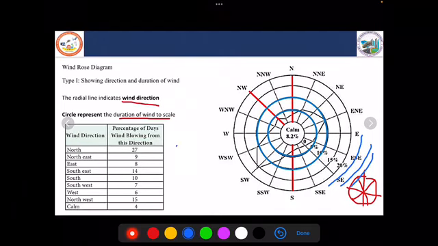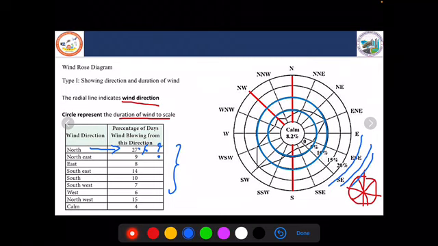This table shows typical wind data. We can see that from the north direction, the total intensity or the percentage of days wind is blowing from this direction is 27%. How did we get this 27%?